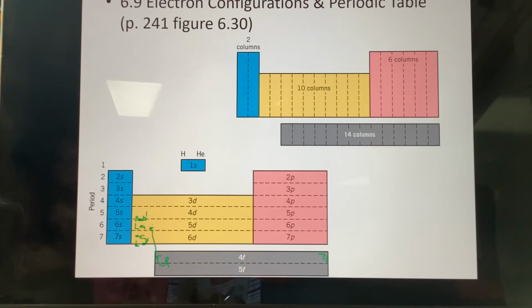And then after lanthanum, hafnium starts with number 72. So that's the inner transition metals come in between lanthanum and hafnium. So that's where the 4f's are. If you're doing an element that ends in 4f, you do have to include lanthanum, the 5d1, otherwise you'll be 1 electron short.